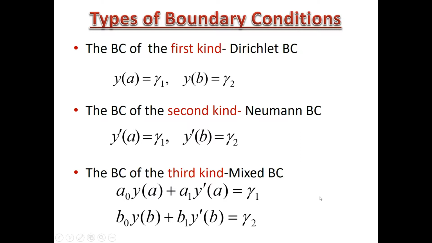The third type of boundary conditions are mixed type, where the value of y and its derivative at both these points are given in a mixed form. Here a0, a1, b0, b1 all are positive constants.